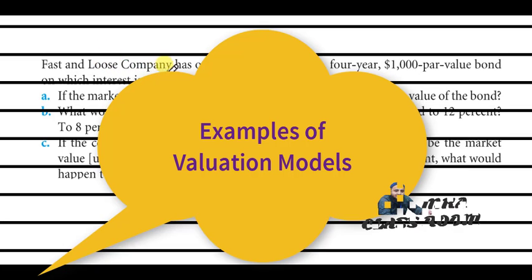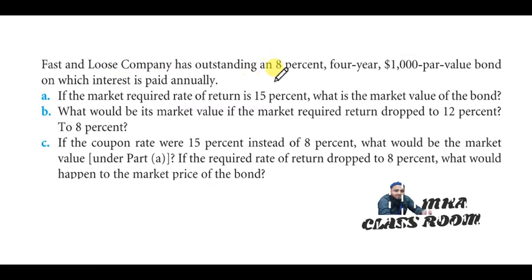Fast and Loose company has outstanding an 8%, 4-year, 1000 par value bond, one whose interest is paid annually.